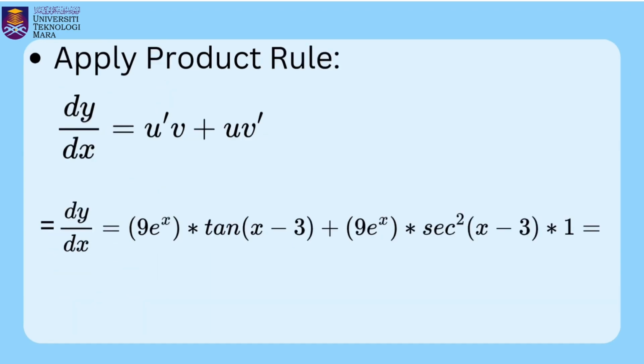Now we will apply the product rule. The formula is dy over dx equals u prime v plus u v prime. So now dy over dx equals 9e^x times (10x minus 3) plus 9e^x times sec squared (x minus 3) times 1.